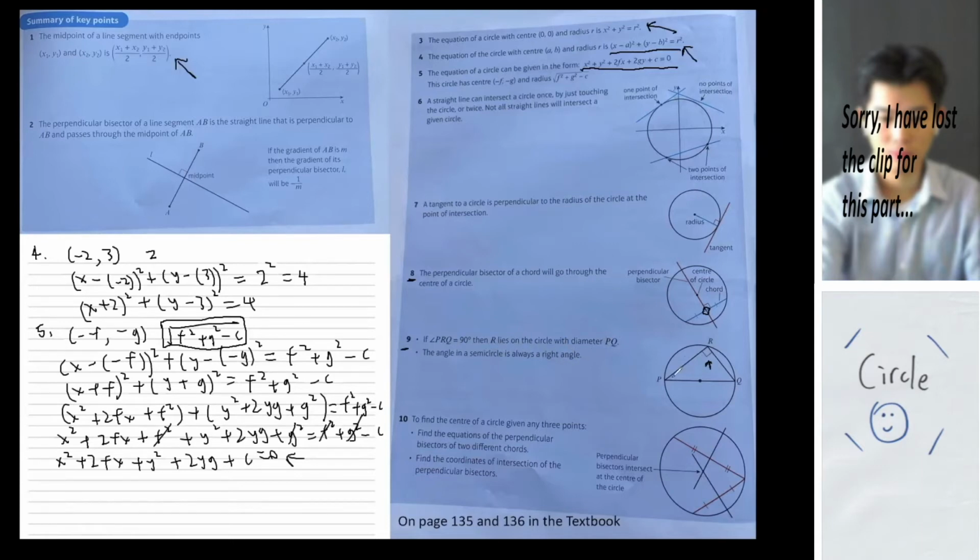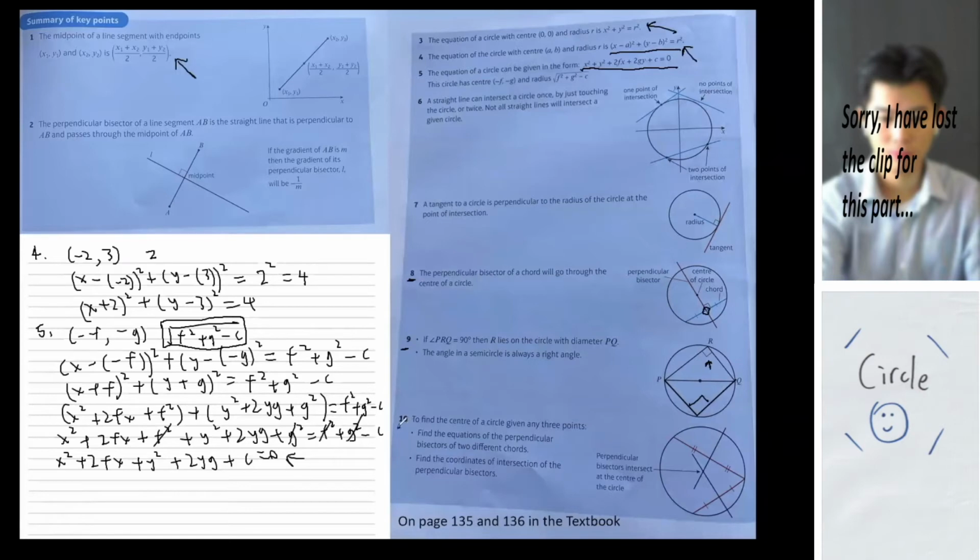So if you see a triangle inside the circle and one of its sides is the diameter of the circle, then basically, if I draw another triangle on the other half of the circle, the angle of this triangle here would also be 90 degrees.